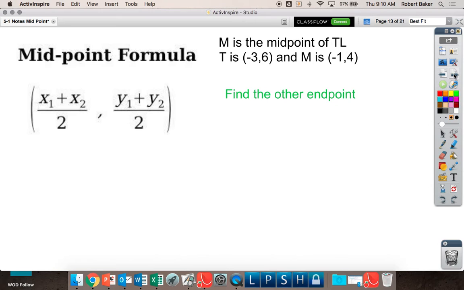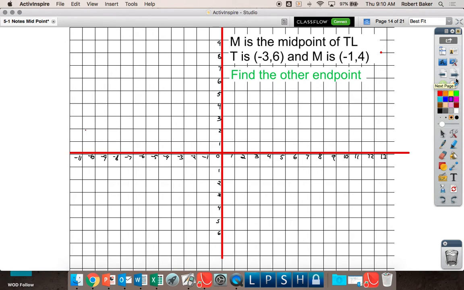So, let's go to the graphy graph way. You have graphs? Yep, here we go. T is at negative 3, comma 6. M is at negative 1, 4. It is my job to find the other endpoint. Do you think it's going to be up here or down here? It's going to be somewhere down here.